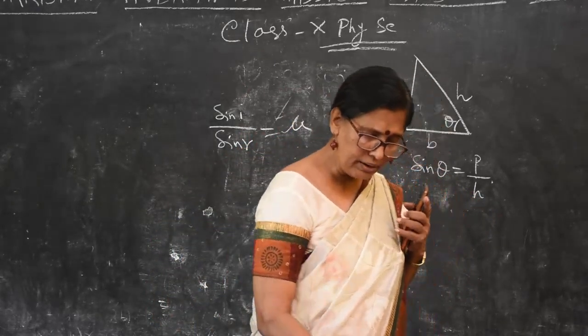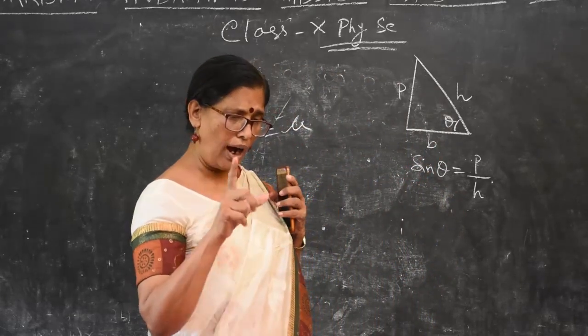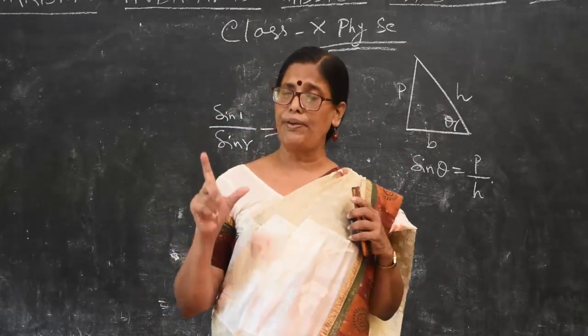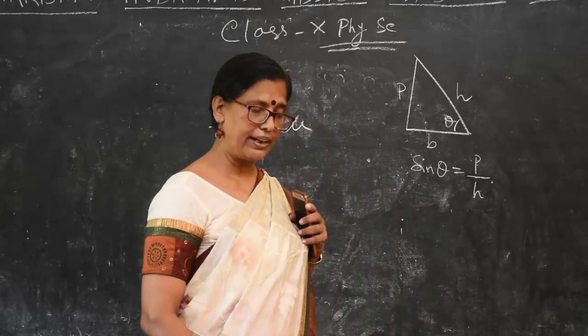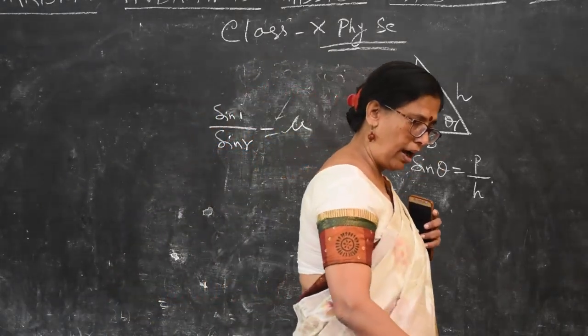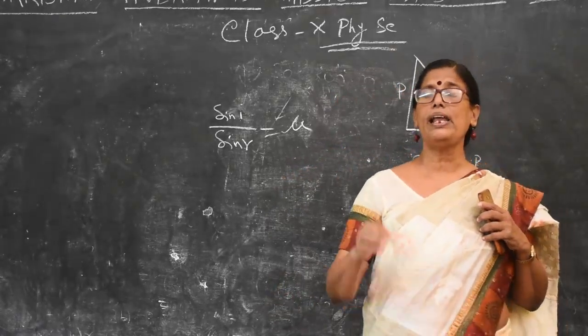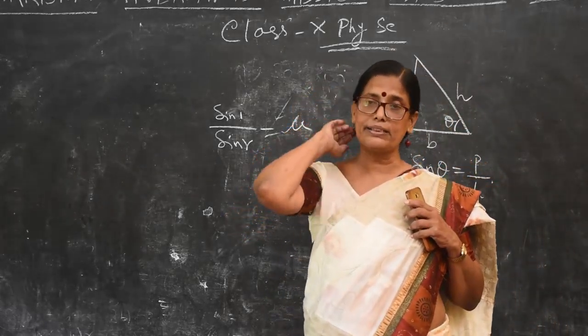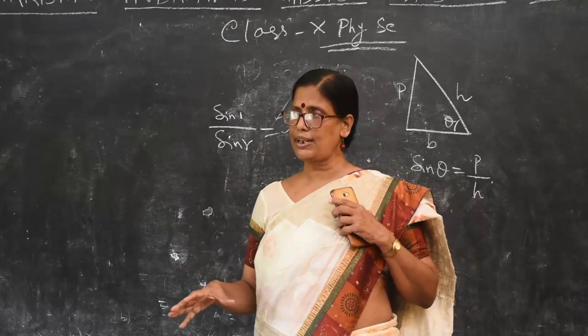Now, if one medium is the vacuum, then that refractive index is called the absolute refractive index. Formerly I told the refractive index as the ratio of two angle sines.